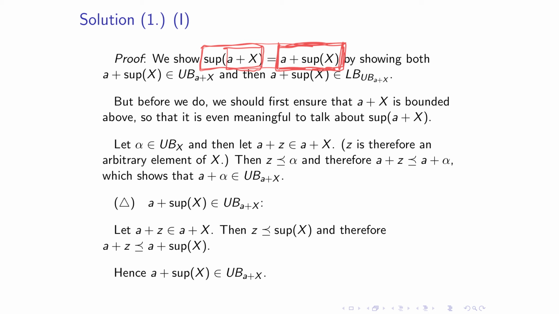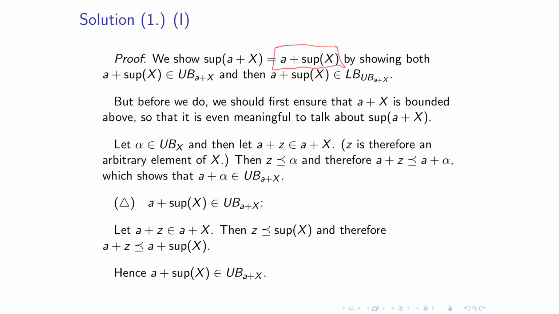To give some indication for why that's a good way to approach the problem, this thing over here is the sup of some set. In a sense that's all it is; the outermost operation is to take the supremum. Because of that, whatever we have over here, we can just show that it has the properties of the supremum.